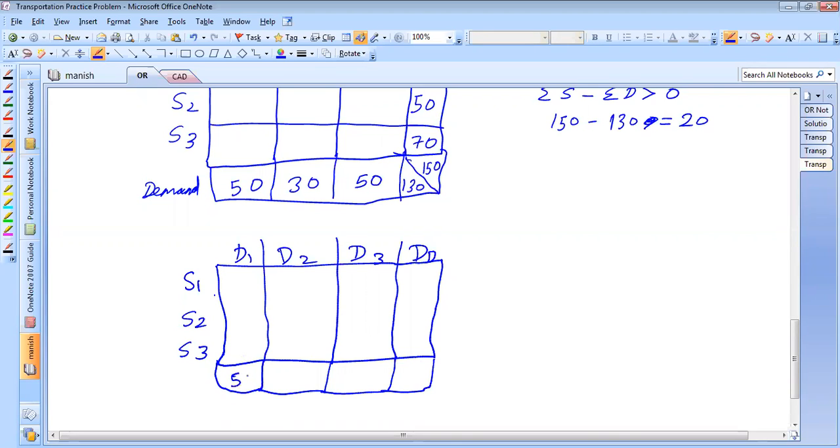So demand is 50, 30, 50, so the dummy demand will be 20. Demand is less. Demand is 130, supply is 150.